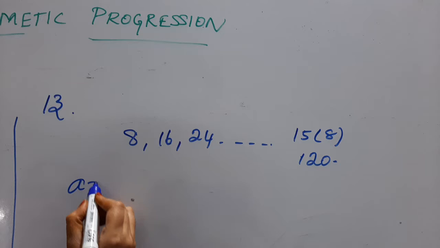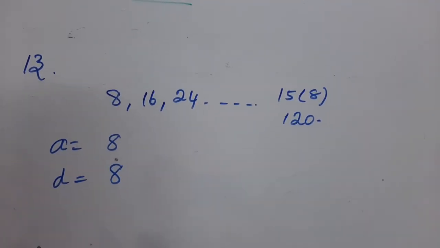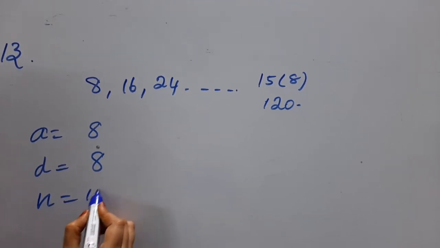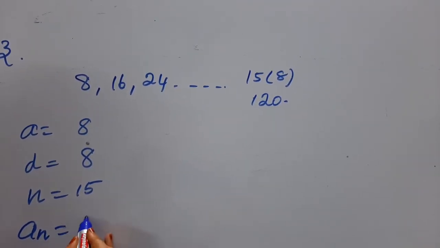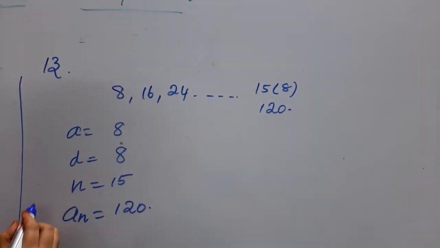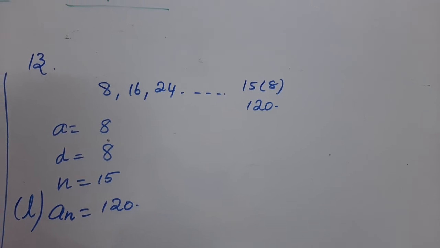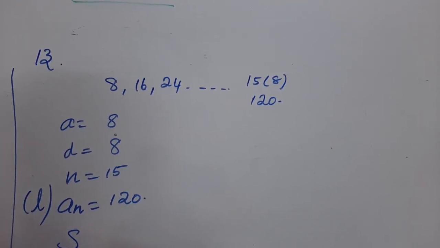What is a here? 8. What is d here? That is also 8. What is n here? That is clearly given in the question as 15. And what is an? That also we know here, right? an is 120, otherwise written as l. When we know a, n and an, which formula can we go for?